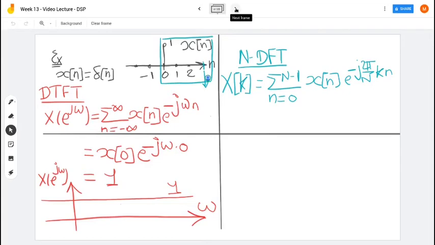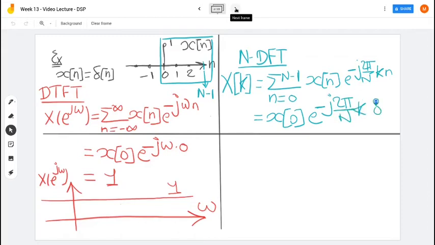So let's see the implication of the DFT and how does X of k relate to the spectrum we have, X of e to the power j omega. So again, x of n is 0 for the entire time domain except at n equal to 0. So this summation will only have one value, which is x of 0 times e to the power 0, e to the negative j 2 pi over n capital k times 0.